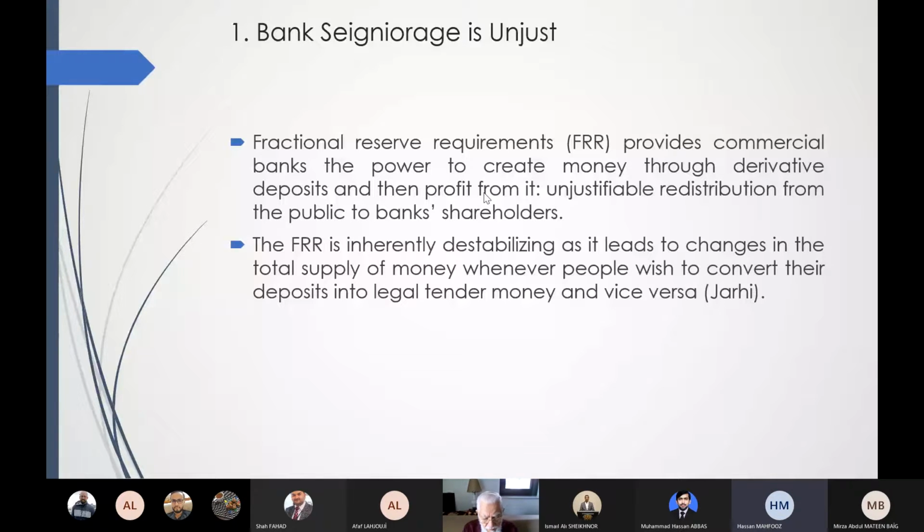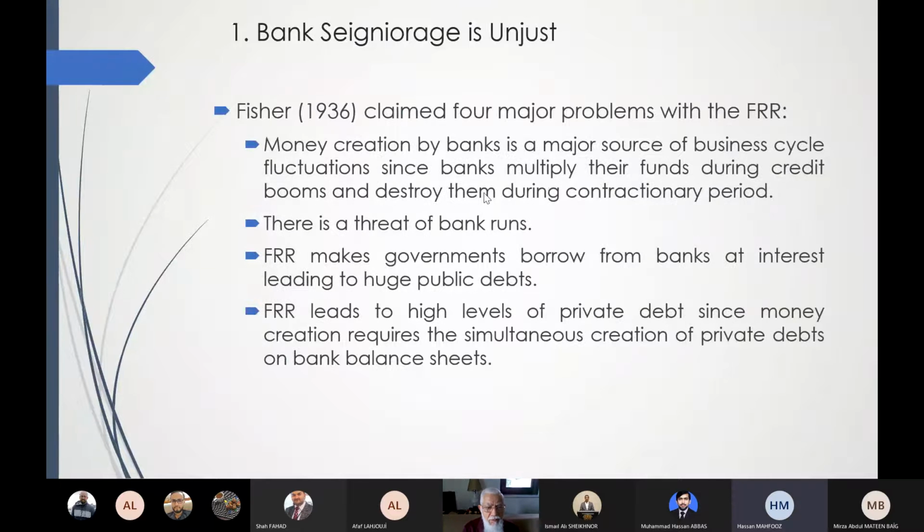There is an argument that this leads to unjustifiable redistribution, and also causes instability and inflation in the economy because the supply of money increases when the banks create this credit. Fisher in 1936 claimed 4 problems.